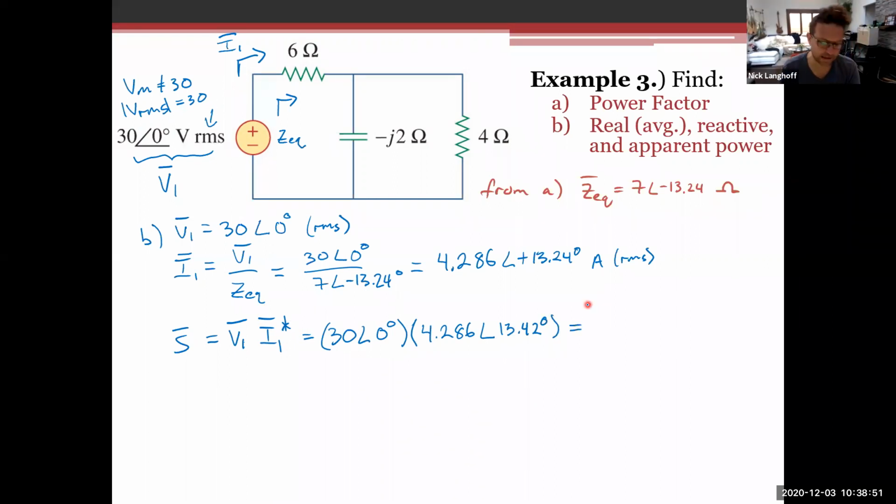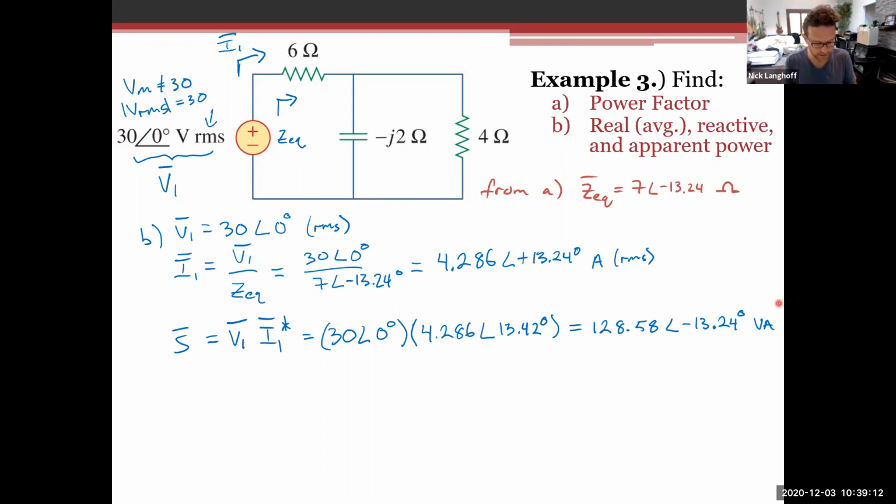And if you calculate that out, you'll find that this is 128.58 at a phase angle of, it's got the same phase as the current. And we say that's in volt amps because it's complex power.